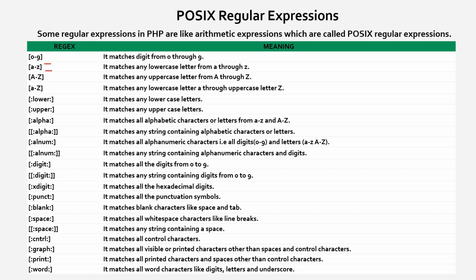Similarly, a to z lowercase, A to Z uppercase, then matches any lower letter through upper letter. This is also matching lower and upper. Now you should have some idea of this. Lower matches lowercase letters, upper matches uppercase letters.